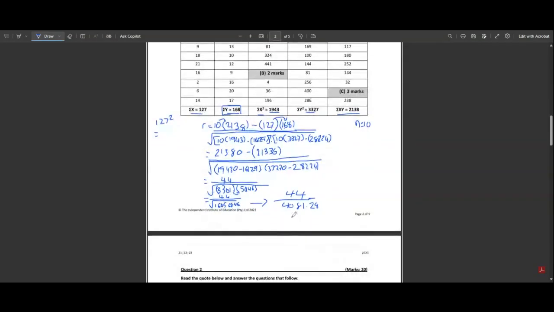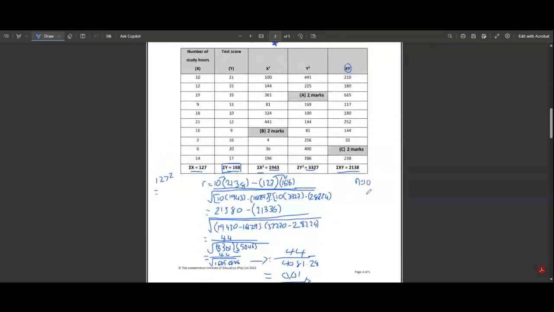Okay, 2 8s. And then final answer, 44 divided by 481.28 gives us 0.01. Yeah, I remember it being like literally the most insane.